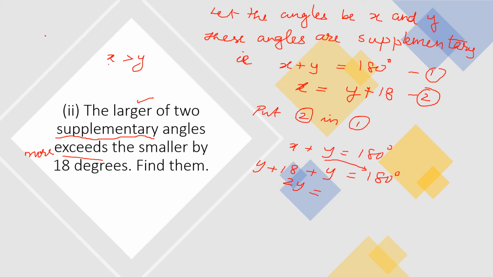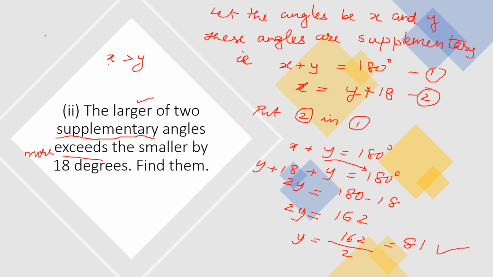You can take the 18 to the other side and get 180 minus 18. What is 180 minus 18? 162. So 2y is equal to 162, y is equal to 162 by 2, that is equal to 81. You get y equal to 81.